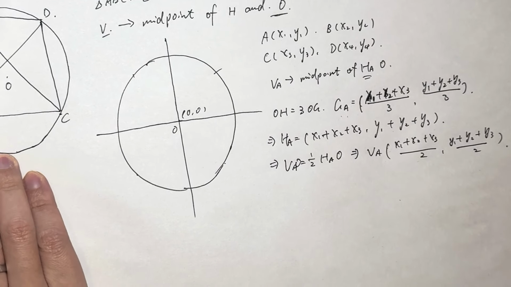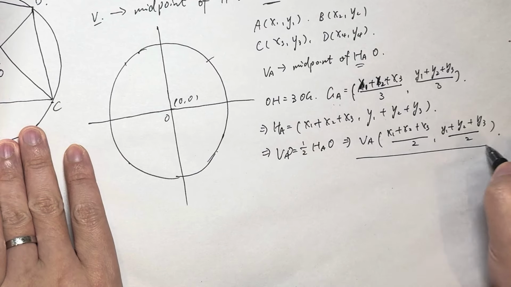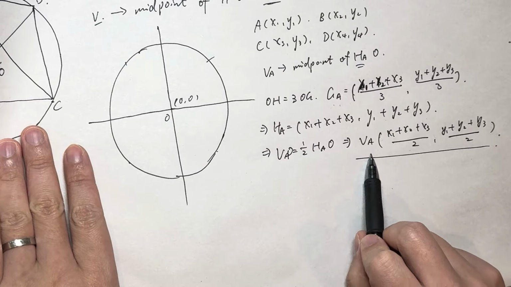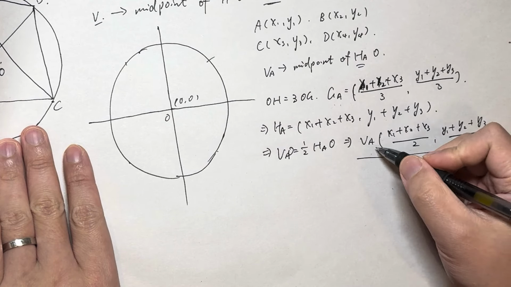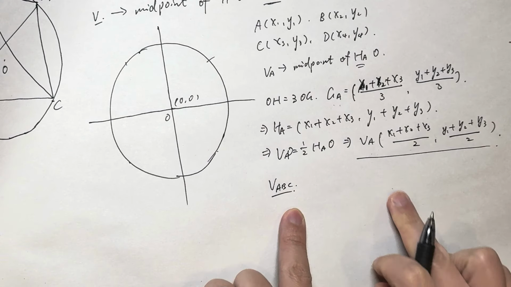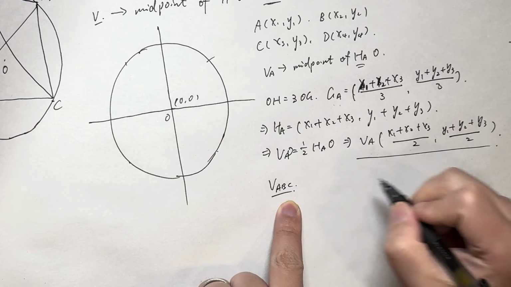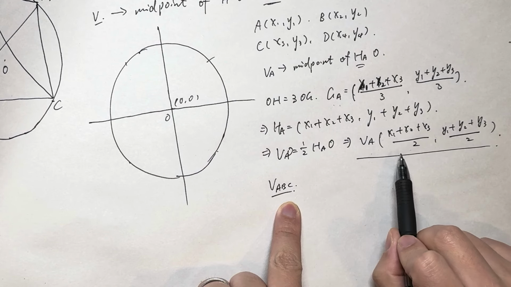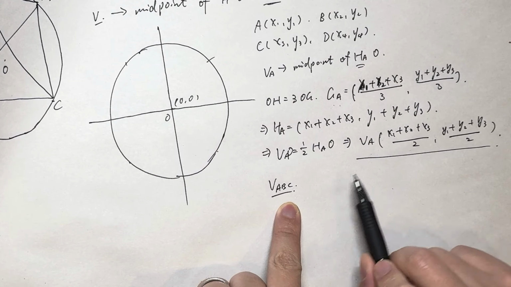Now we know the coordinate of the center of the 9-point circle of triangle ABC. I call it VA, it's actually VABC.